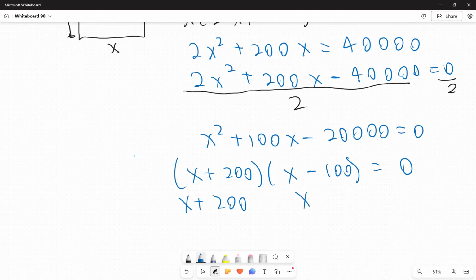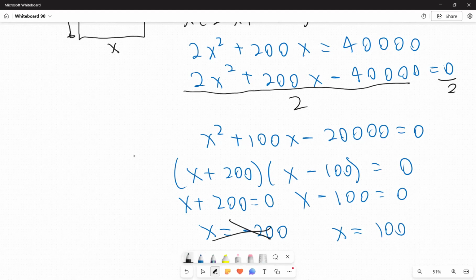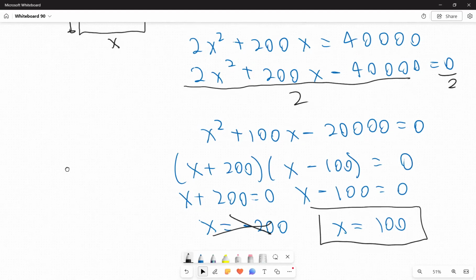So that's going to have two solutions, one positive and one negative. We are talking about lengths and dimensions, so we need to disregard the negative solution and keep the positive one. So we disregard negative 200 and keep 100. And that's it.